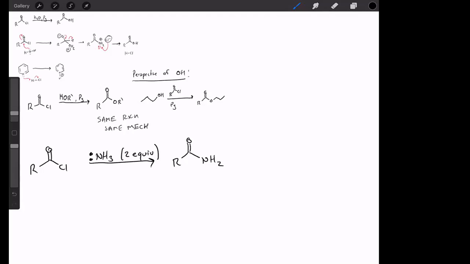So I can form an amide that has no substitutions at the nitrogen position, or I can form a mono-substituted amide, or I can form a di-substituted amide.